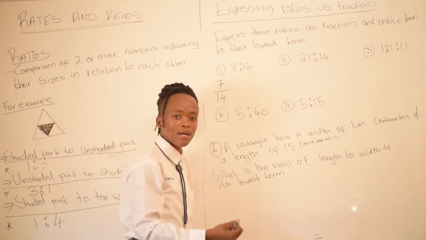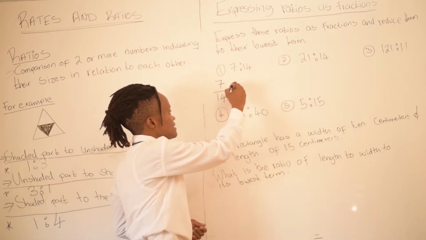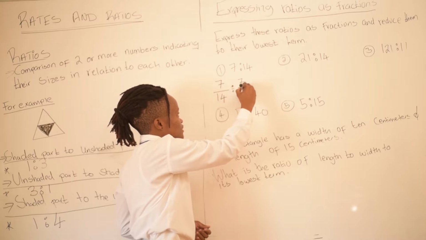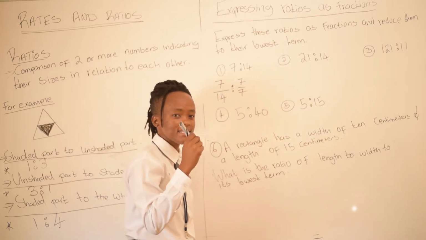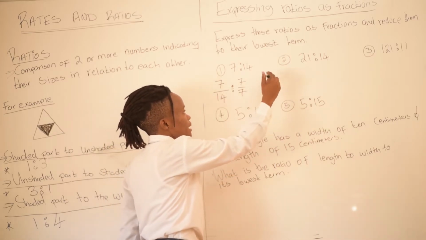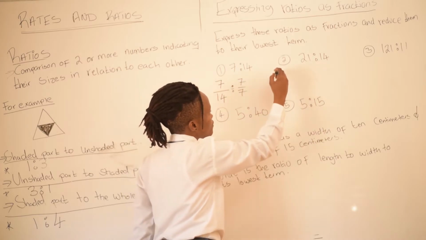So what's that number, student? That number is 7. So others are wondering, how did we know the number is 7? So all you have to do is write the factors, not the multiples.